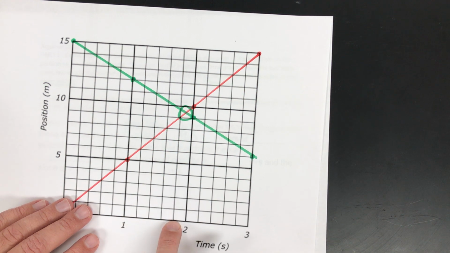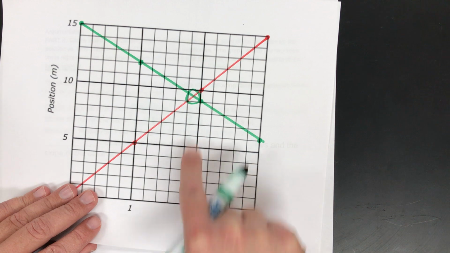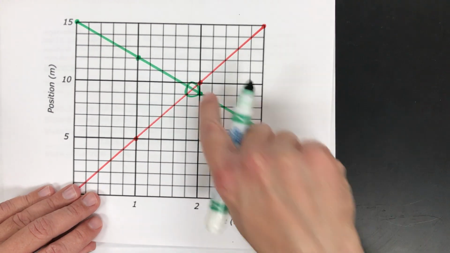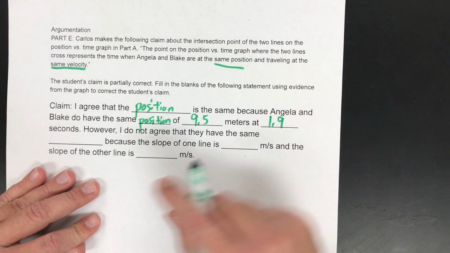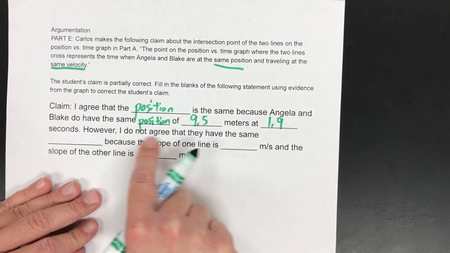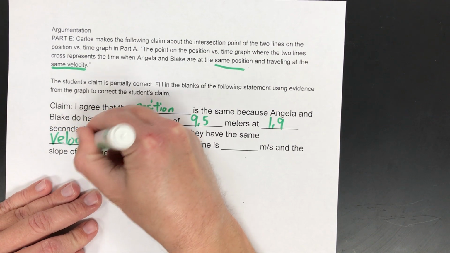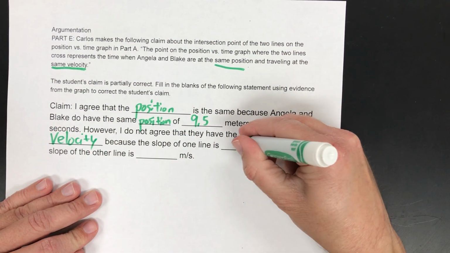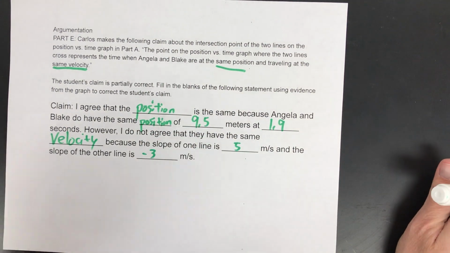This would be 1.8 seconds, and this line right here would be 2 seconds. So right about in between 1.8 and 2 in the middle there, let's call it 1.9. So it happens at 1.9 seconds. However, I do not agree that they have the same velocity. That is not true because the slope of one line is 5 meters per second and the slope of the other line is -3 meters per second.